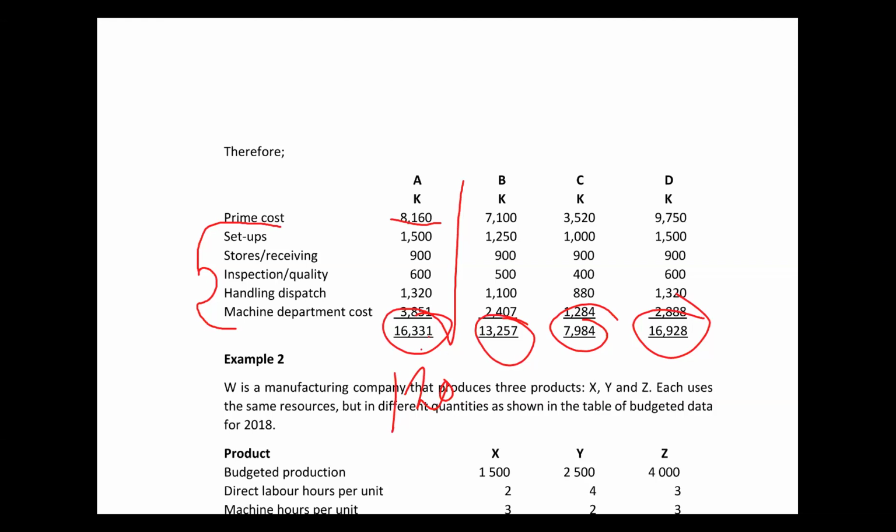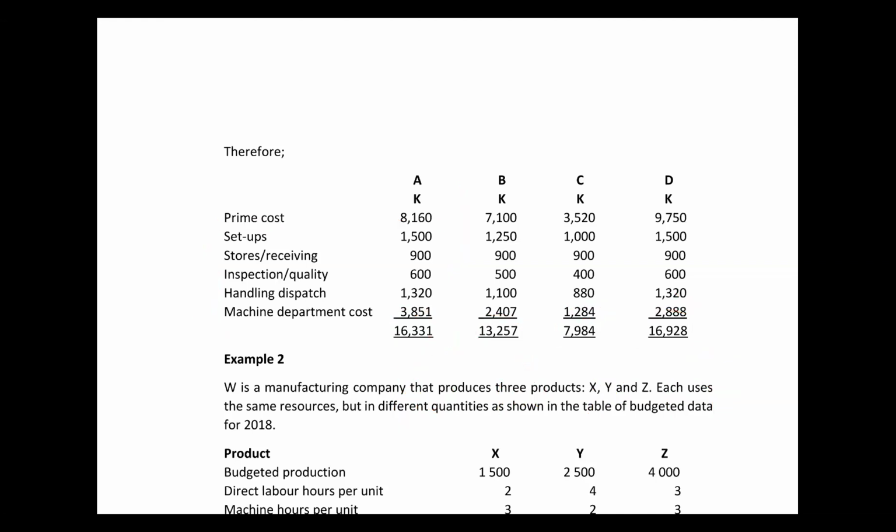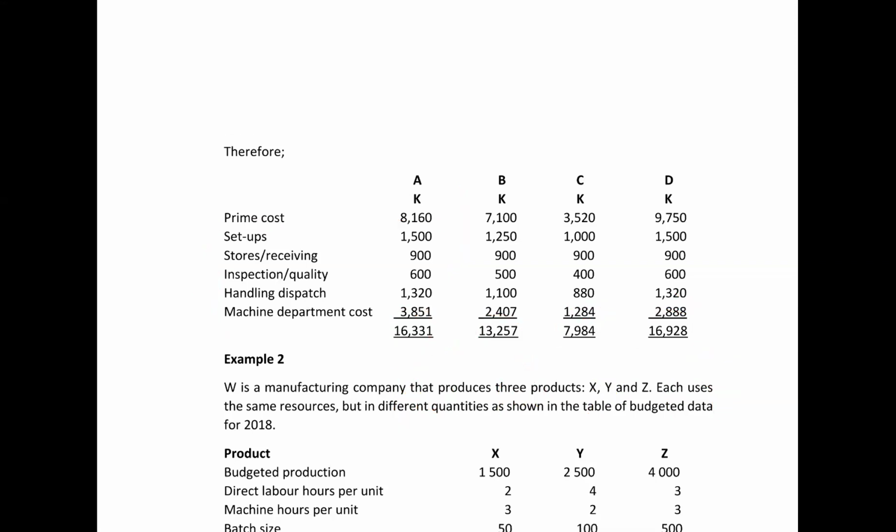For product A is 120, for product B is 100, then 80, and 120 again. Divide into that and that will give you the total cost per unit. But since we just wanted the total cost, that's how you find the total cost using activity-based costing.